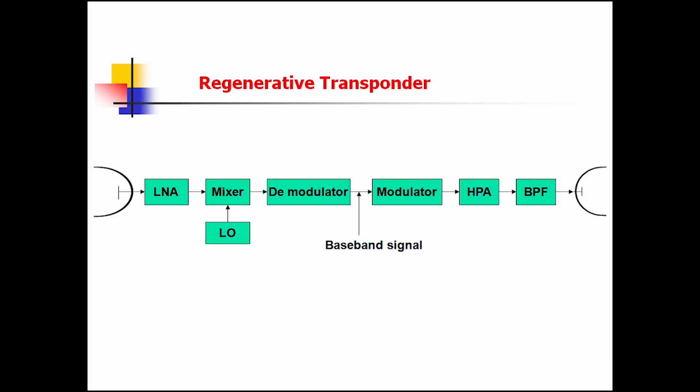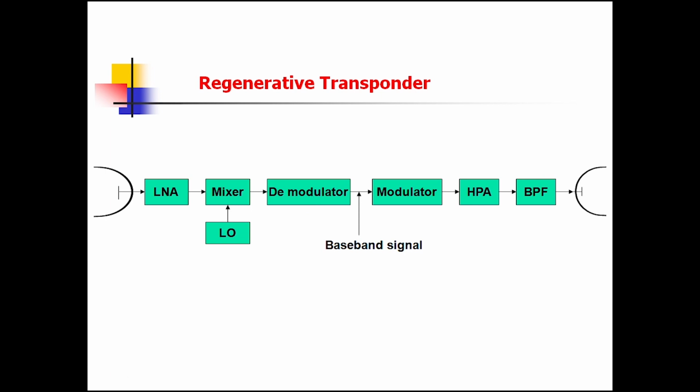The uplink signal is amplified first. Observe here, the receiving antenna is picking up the signal, then it is applied to low noise amplifier. This signal is uplink frequency, it is amplified and frequency translated by using the mixer with the help of the local oscillator, and then it is demodulated for getting the baseband signal.